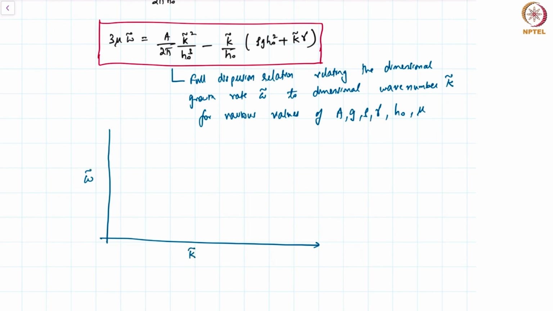You can clearly see that when k is 0, which means that it's a perfectly flat interface, then you will have no instability, okay?